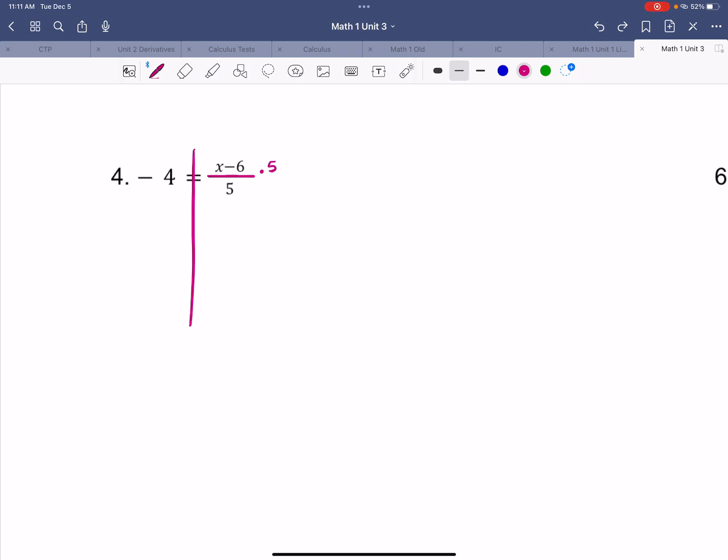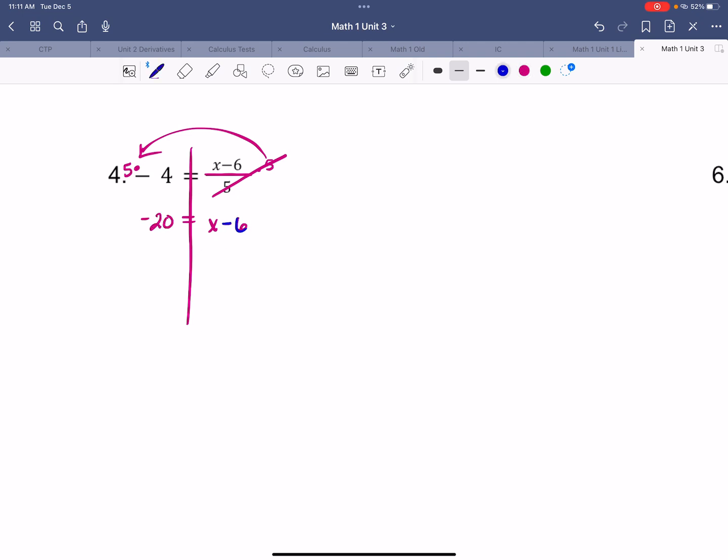So the opposite is to multiply everything by 5, and what I do to one side, I must also do to the other side. The 5's on the right cancel, and I'm left with x minus 6 is equal to 5 times negative 4, which is negative 20.